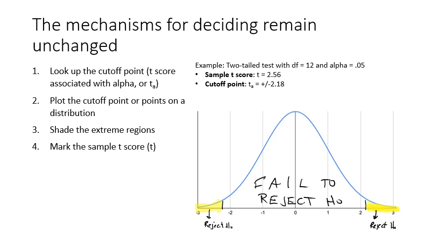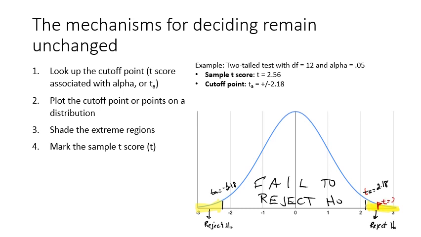And so I can see here that T alpha is 2.18, and T alpha is also negative 2.18. And I can see that my sample t-score from calculated earlier is 2.56, which is going to be a little further out than the 2.18. So I'm going to mark it right about here.